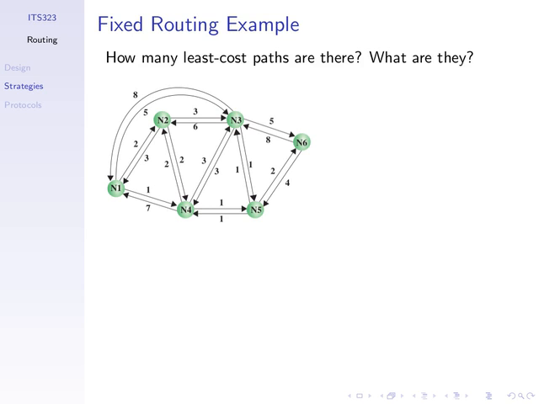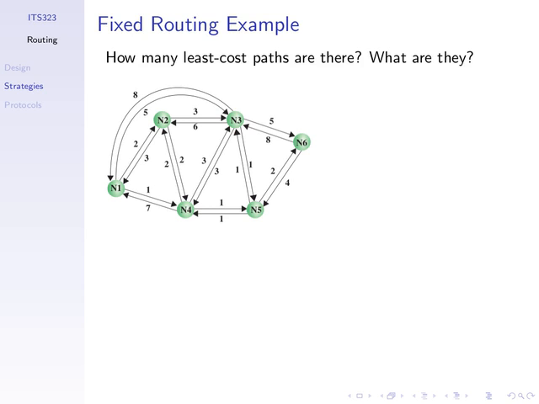And the cost we need to remember there is what? 3. The point here is that if we know this path, then from this we can determine the least cost path from N4 to N6.